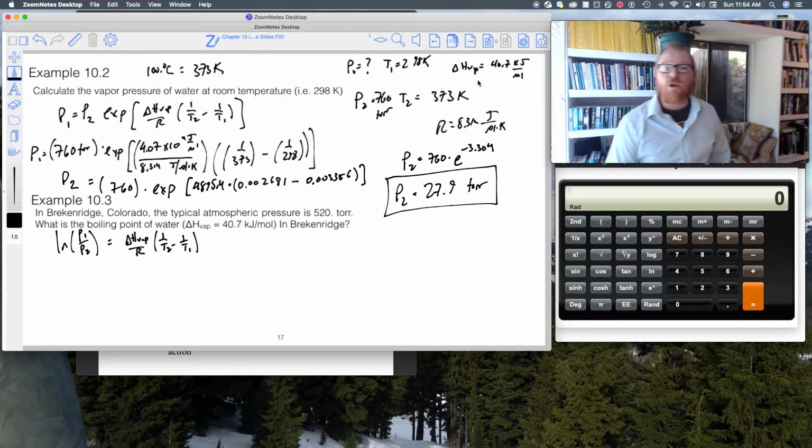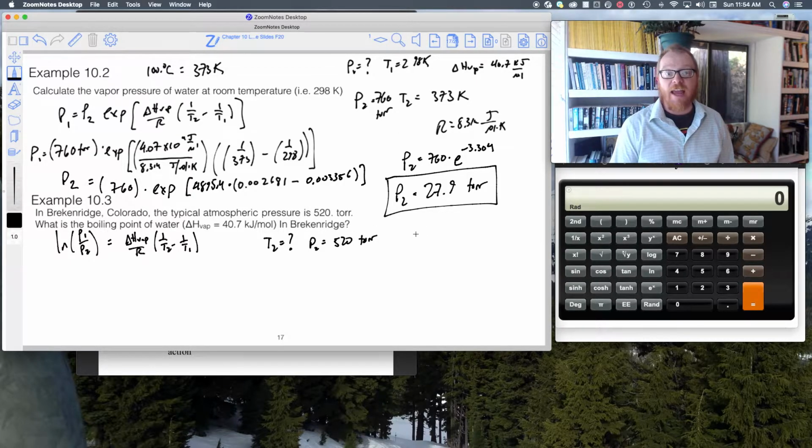And I can use all of these same parameters because it's water. But I'm going to define this in a way that makes it easier to solve. So I'm going to say T2 is the number that I want. What's the boiling point at 520 torr? So if P2 is what I don't know, then P2 has to be 520 torr.